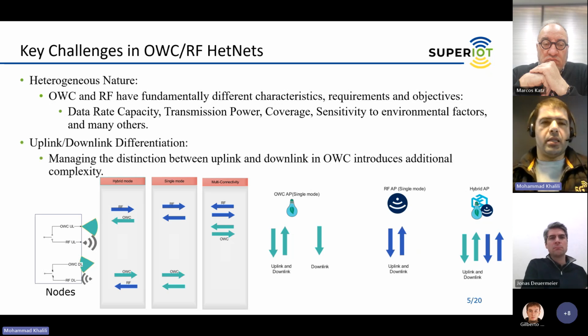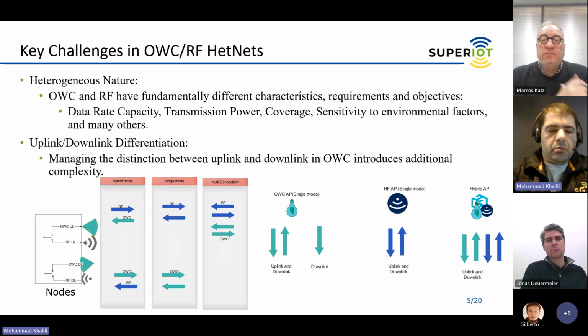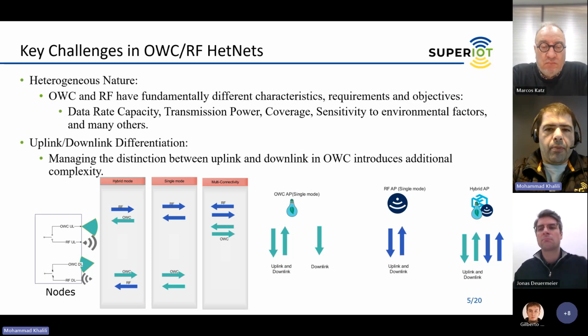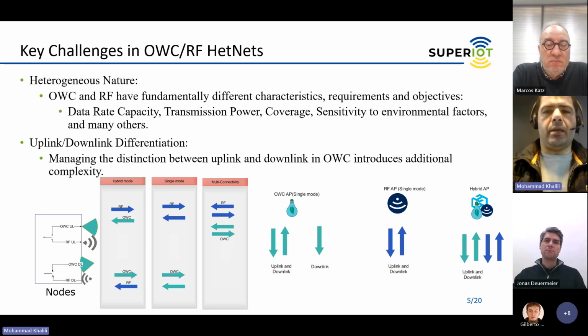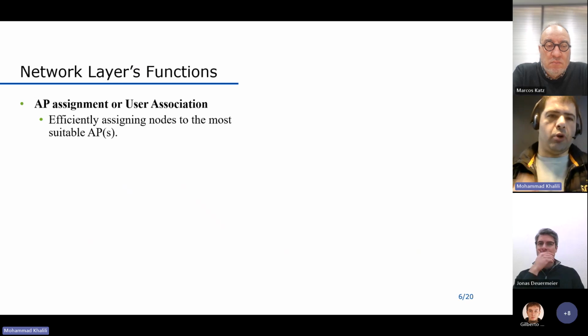Also, this heterogeneity comes to the connections. In more detail, the distinction between uplink and downlink in OWC introduces additional complexity in providing the solution for these networks. Let me take a closer look with more details at network layer problems in this hybrid network.